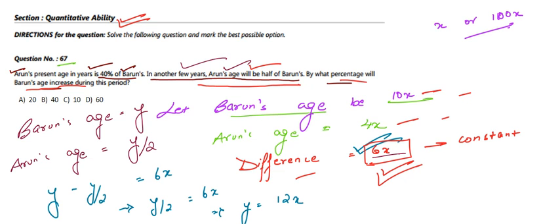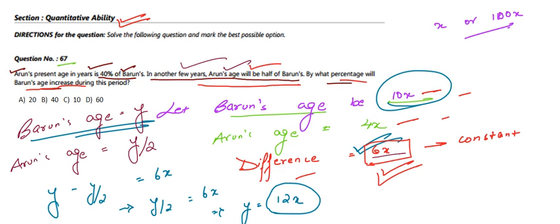Let's check. We considered Barun's age after a few years to be y, so Barun's age after a few years will be 12x, and Barun's present age is 10x. What we need is by what percent Barun's age will increase during this period. After a few years Barun's age is 12x, the current age is 10x. So 12x minus 10x is the difference, divided by 10x because this is the original age, and multiplied by 100 since we need the percentage.